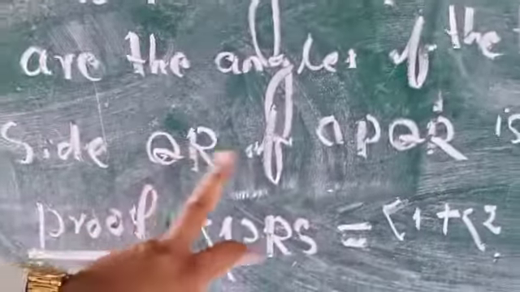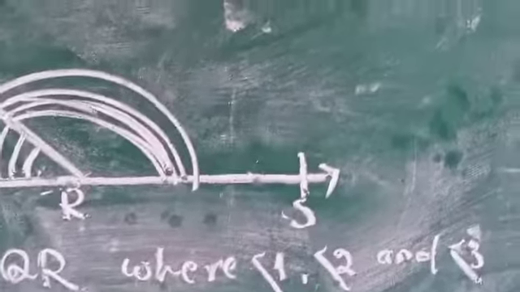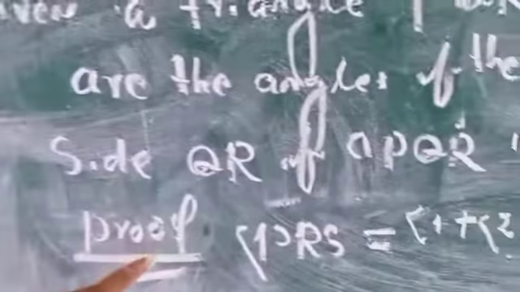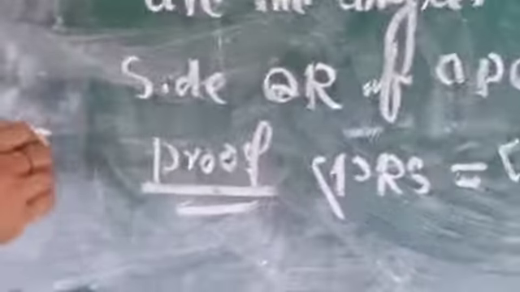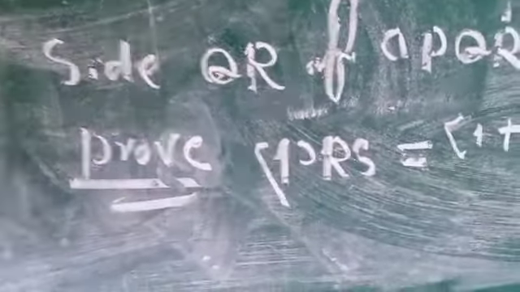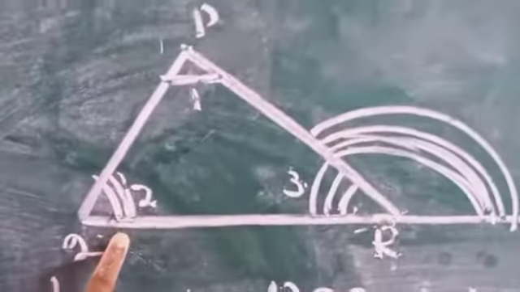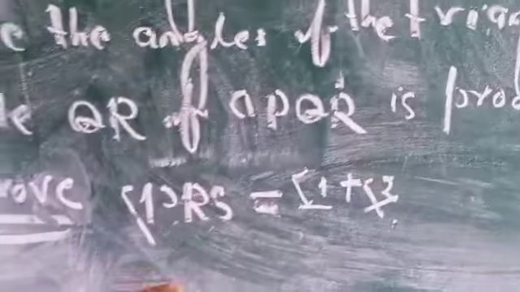Side QR of triangle PQR is produced to S. To prove: angle PRS, the exterior angle, is equal to angle 1 plus 2, the sum of the two interior opposite angles. Now let us start how to prove.